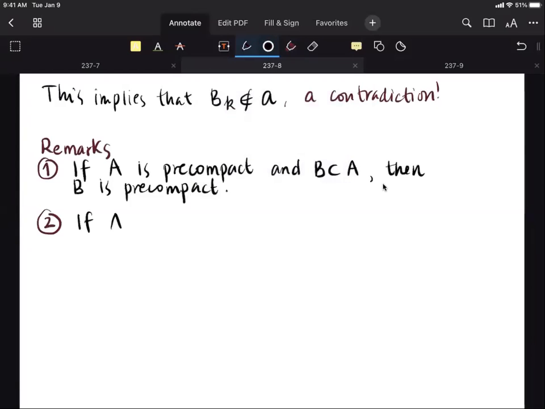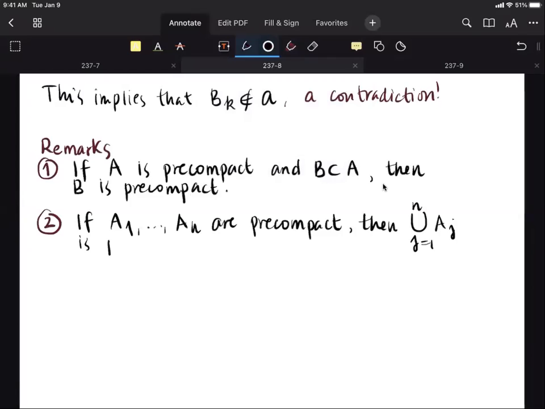If I have, let's say, a finite sequence of pre-compact sets, say A sub 1 to A sub n, then the union of these pre-compact sets is again pre-compact.